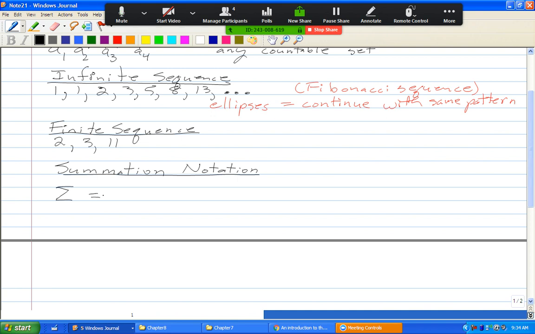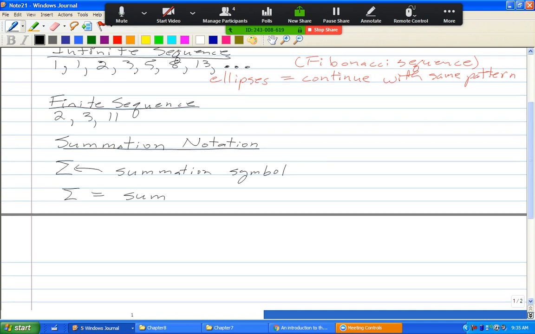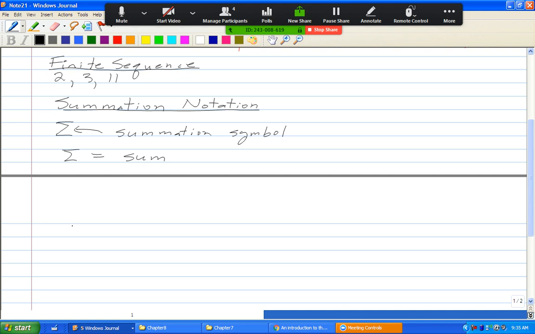This is called the summation symbol, and it indicates I want to add the sum of the terms.